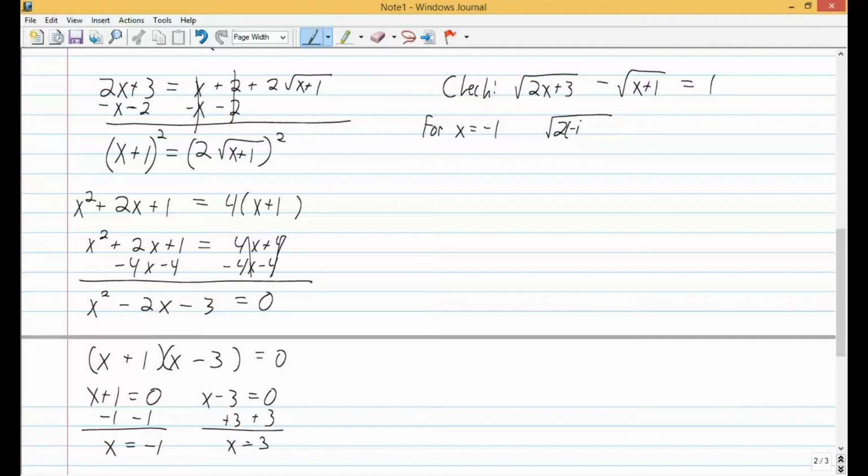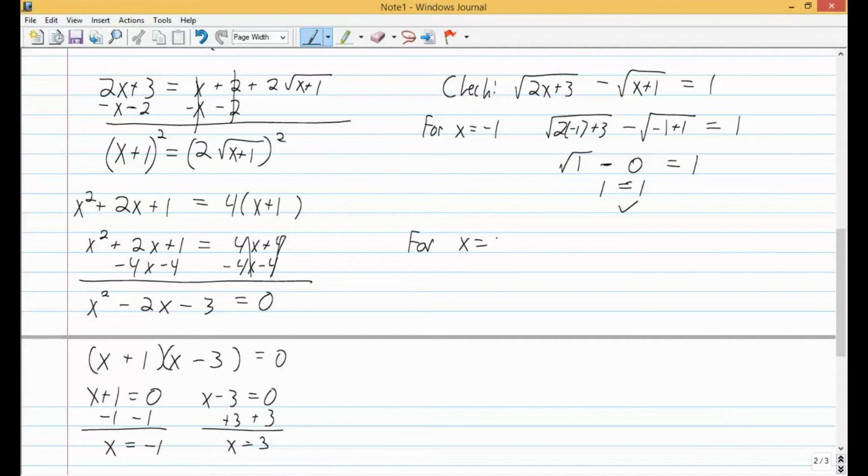This is the square root of 2 times negative 1 plus 3 minus the square root of negative 1 plus 1 equals 1. So that's going to be negative 2 plus 3 under the radical, which is 1. So the square root of 1 minus, this is going to be 0, so the square root of 0 is 0, equals 1. So I get 1 equals 1 and it checks out. So I know that this answer is included in my solution.